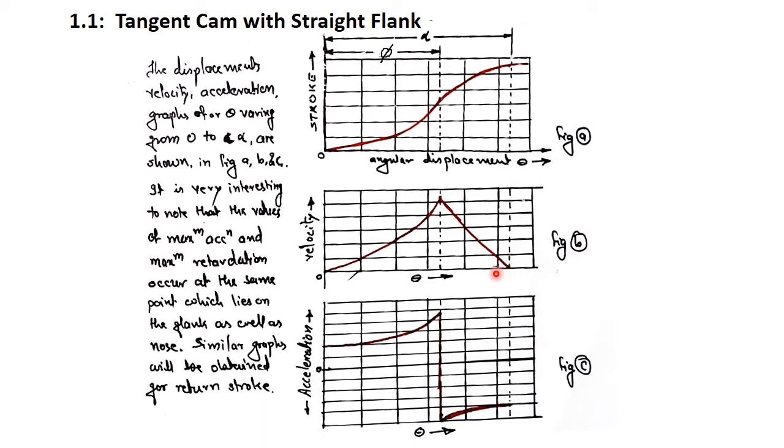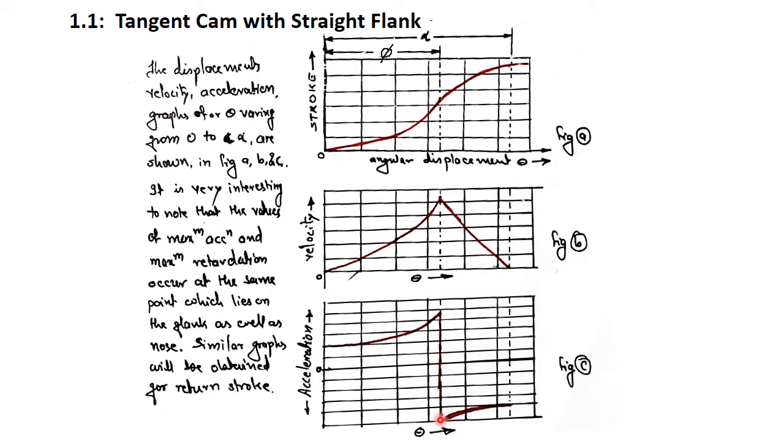And if we see the acceleration profile, the acceleration increases at the start. This is the 0 line, and at the beginning it has some acceleration at 0 position, and the acceleration increases and reaches maximum at angle phi, and at this position the acceleration has the lowest value as it turns on the surface of nose.